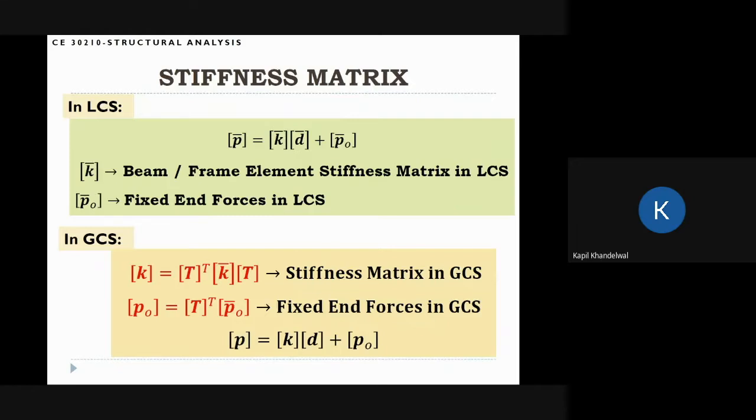When we are calculating the member forces, remember that we will calculate the member forces in the local coordinate system. Okay, so this is the quantity we will try to calculate, that is P bar. And I will tell you the reason why we want to calculate P bar, because P bar makes more physical sense compared to P when we are calculating the member forces. And that's the reason we want to calculate P bar, not P.